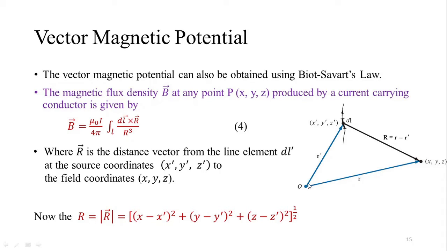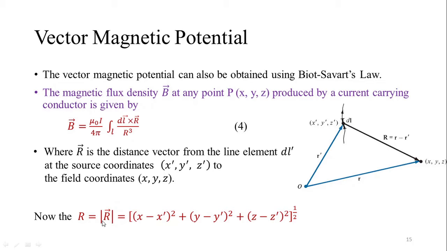From the origin to the element it is R dash, the origin to the observation point is R, and the distance between these two points is R minus R dash. Using this, you can define H or B, where B is mu H, so B is mu naught I by 4 pi line integral of dl cross R by R cube. This is the Biot-Savart law, where R is the distance vector from the line element dl dash, from x dash y dash z dash to x y z.